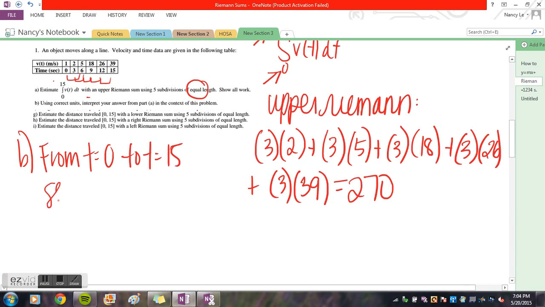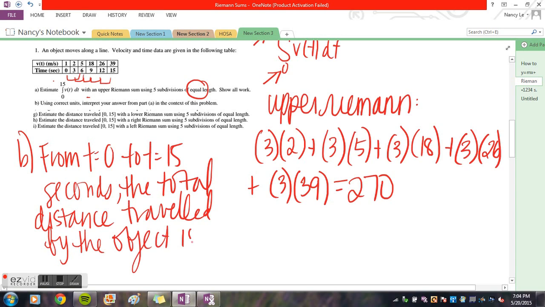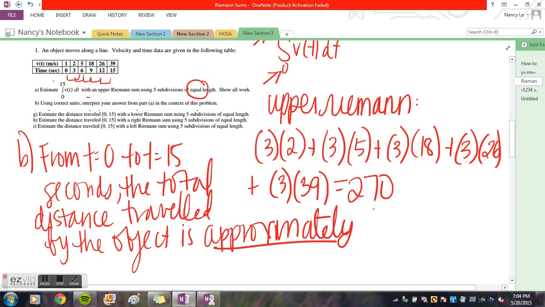From t equals 0 to t equals 15 seconds, the total distance traveled by the object is approximately, do not forget approximately because Riemann sums are always approximations, is approximately 270 meters.